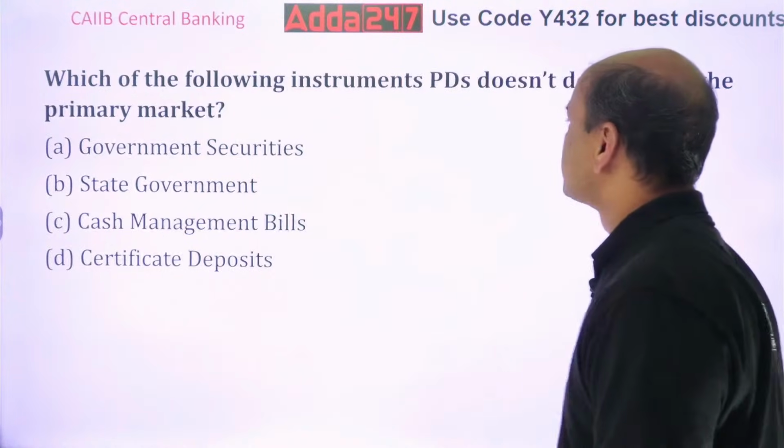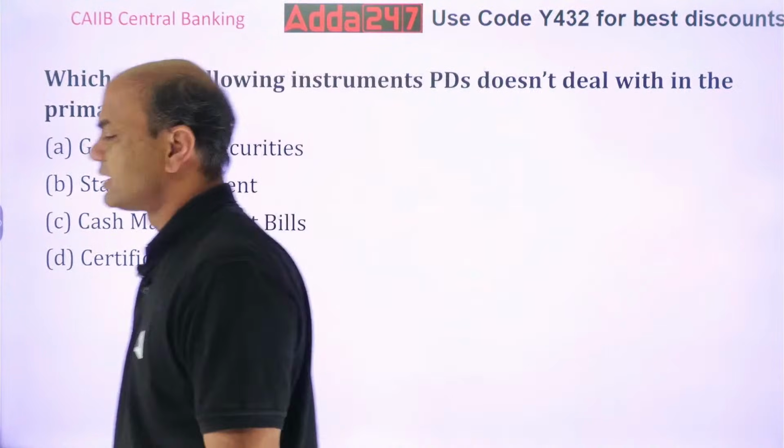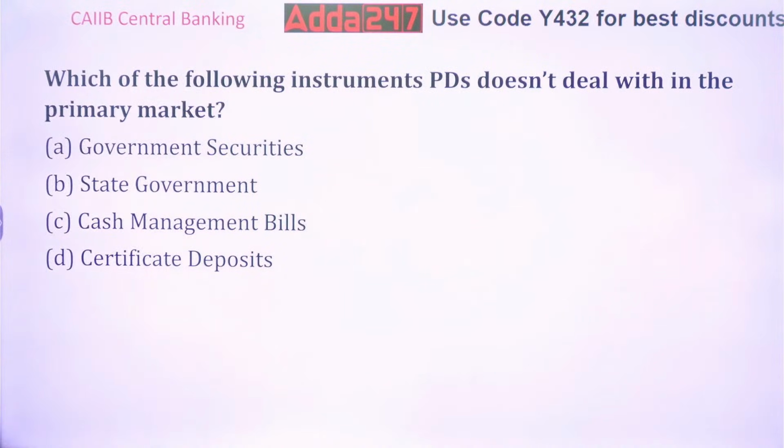Which of the following instruments do PDs not deal with in primary markets? Is it government securities, state government, cash management bills, or certificates of deposit? Kindly understand, PDs are expected to support the primary issue of dated securities of the central government and state government, T-bills and CMBs.